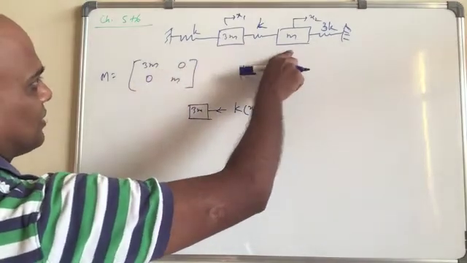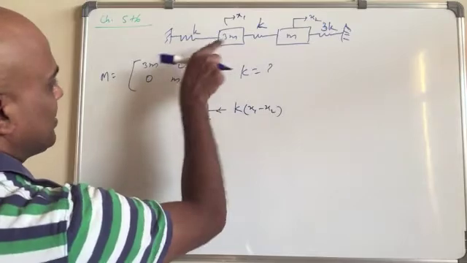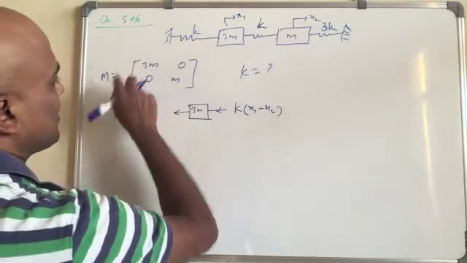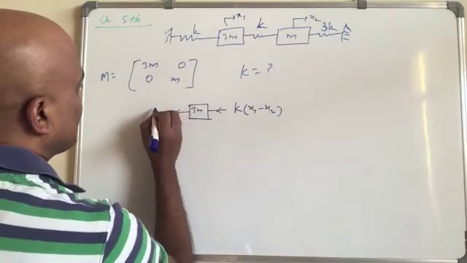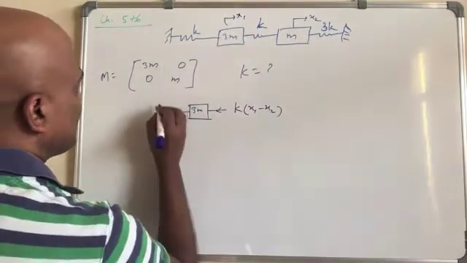Now here, since this is fixed, there will be a stretch, and the stretch will be k times x1.